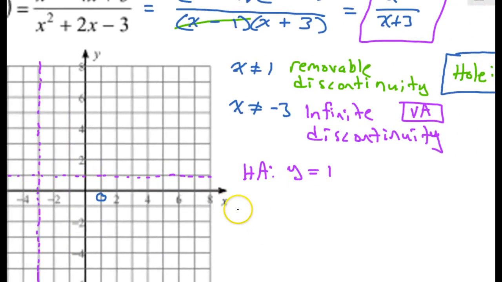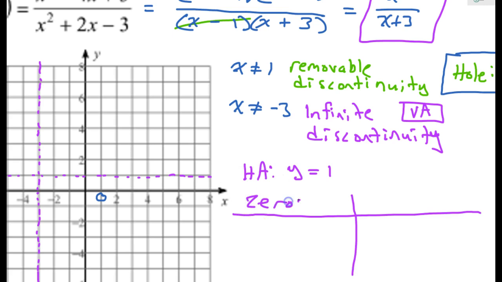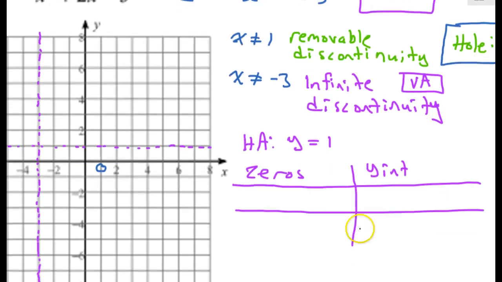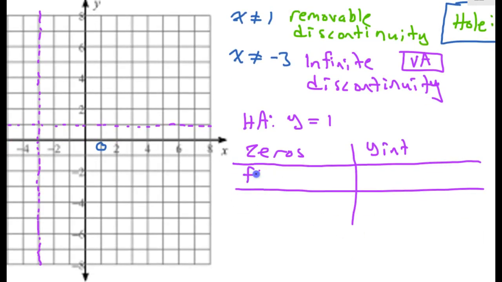Alright, now it's time to find the zeros and the y-intercept. Okay, so let's find the zeros and let's find the y-intercept. When I want to find the zeros, I set f of x equal to 0.